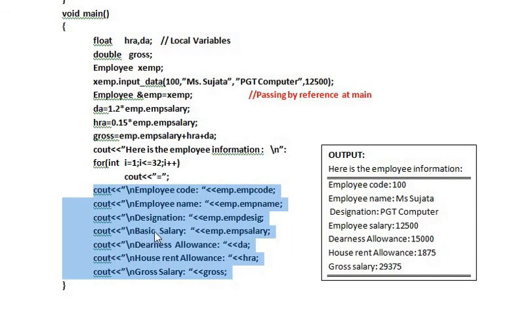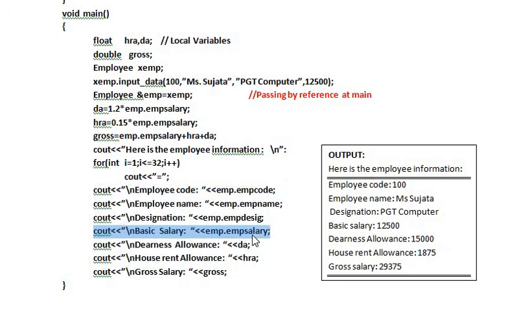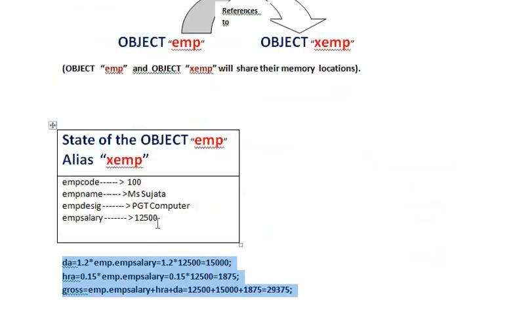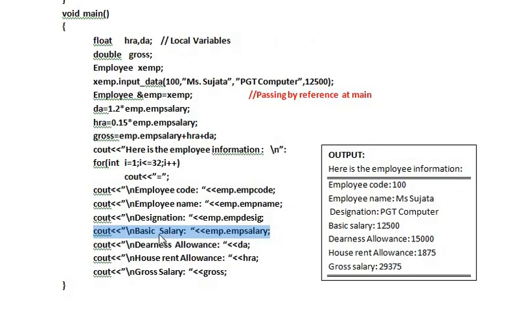Then the next statement prints the text basic salary into the output. Sorry, it shouldn't be employee salary, it should be basic salary. And then the value of the data member EMP salary, which was found to be 12,500. So basic salary 12,500 gets displayed in the output.